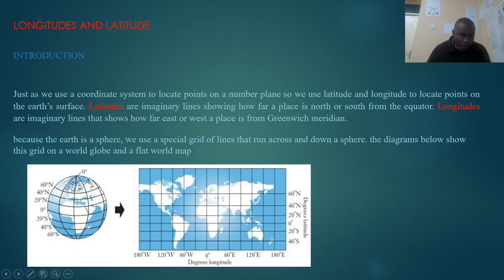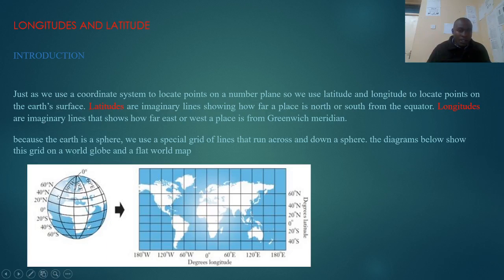At the middle here, we have what we call the Greenwich Meridian, which is at 0 degrees. And at the center cross here, we have the equator, which is running across, is a latitude, and it's at 0 degrees. So those are the latitudes and the longitudes.